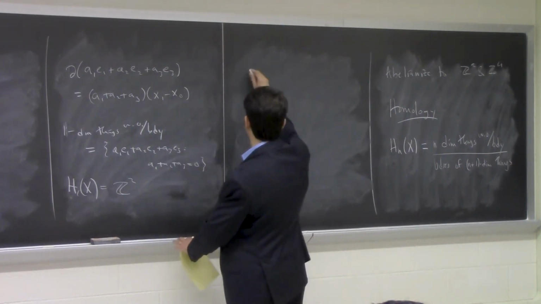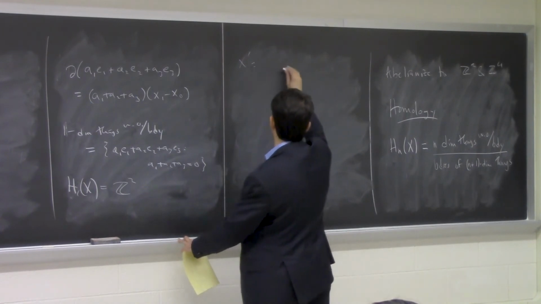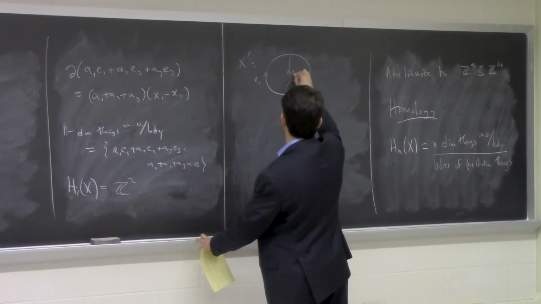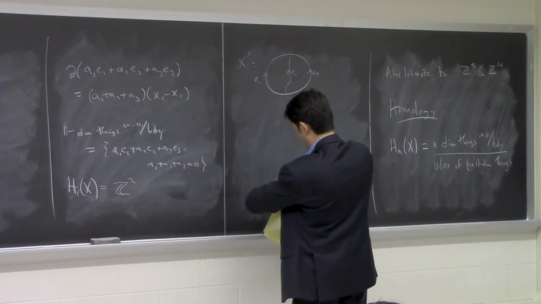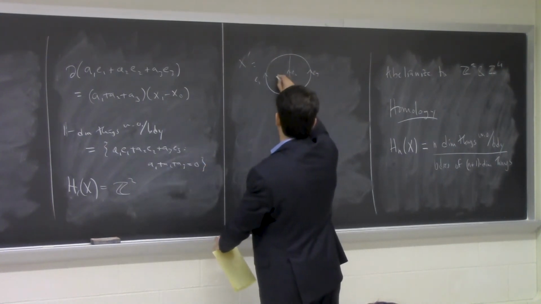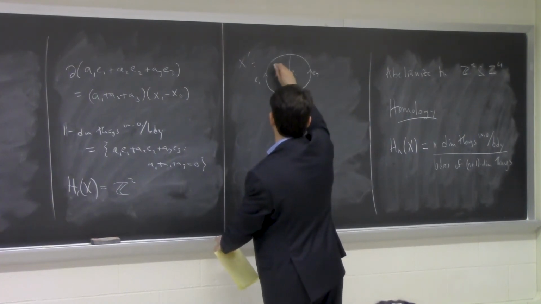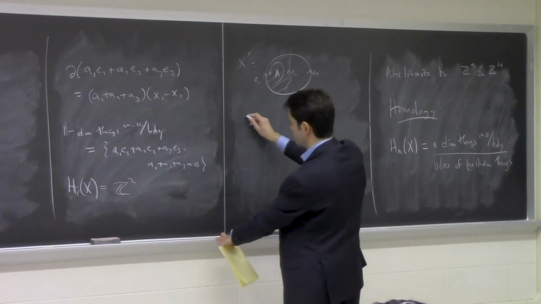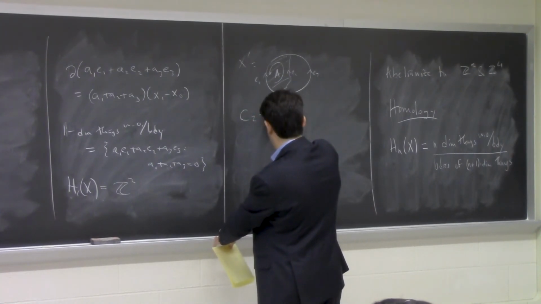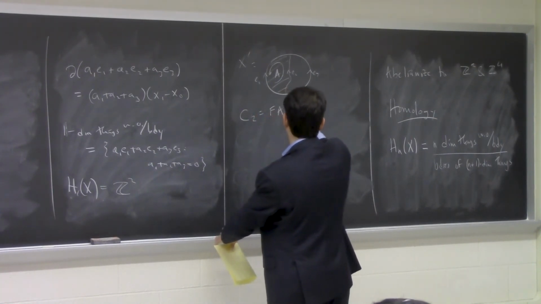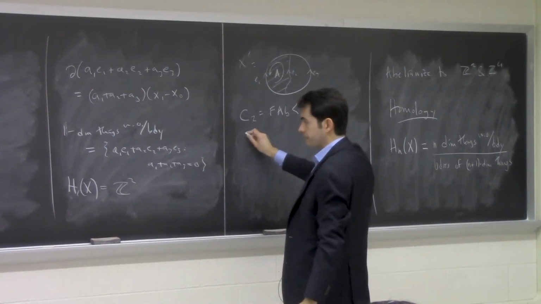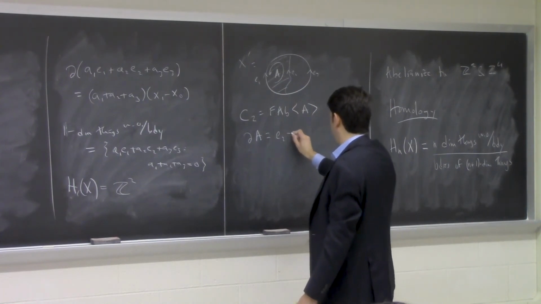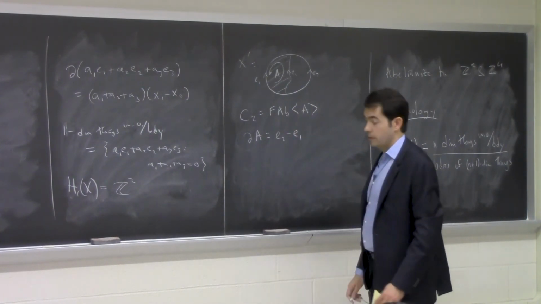So let's throw in a two-dimensional piece. Let's throw in A here with attaching map that goes like that. So C2 is now the free abelian group on A. The boundary of A is E2 minus E1, right?